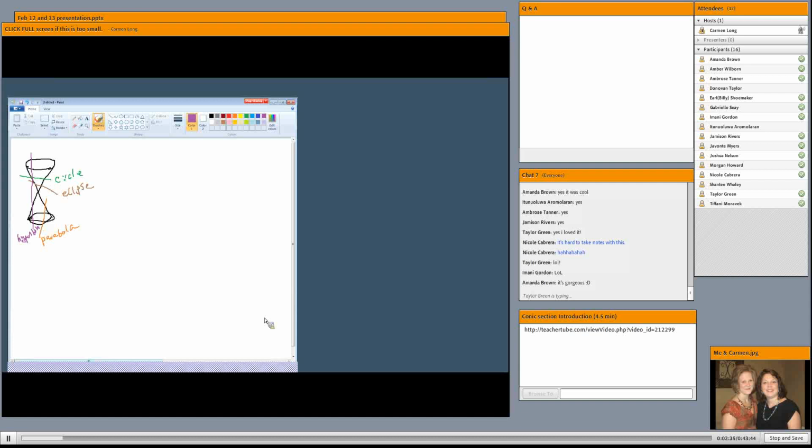Based on x plus dy plus e equals 0. Now, that doesn't mean anything to you at this point except that if A is the same as B, then it's a circle.